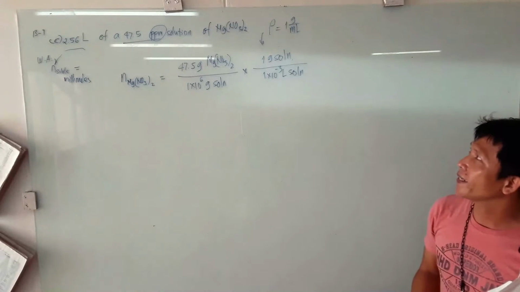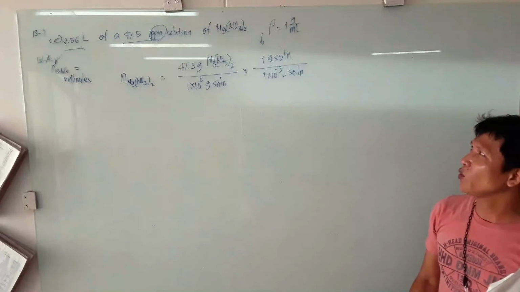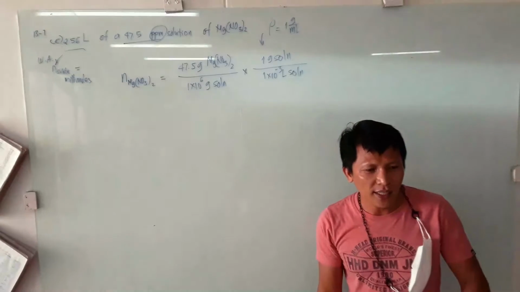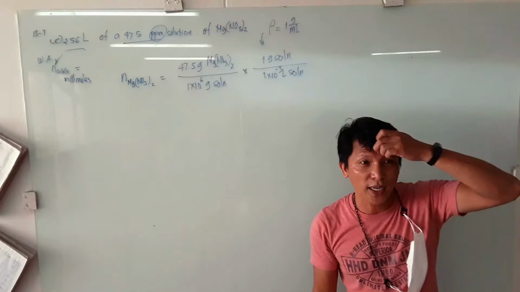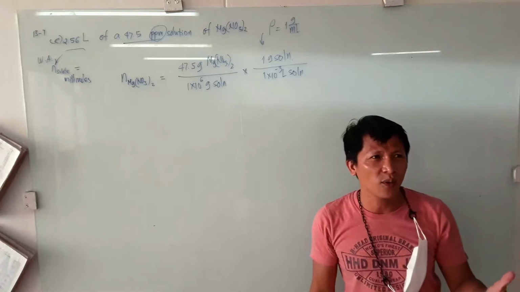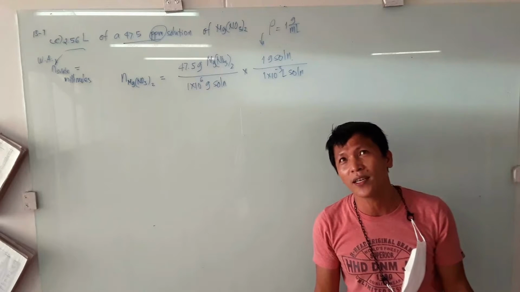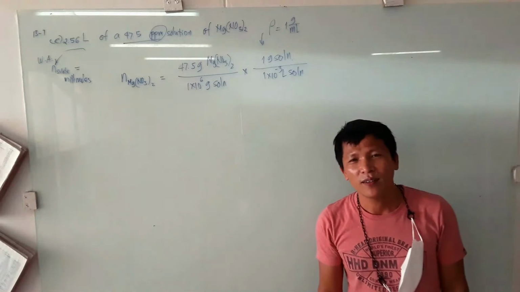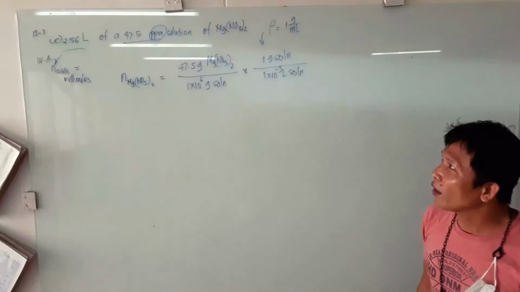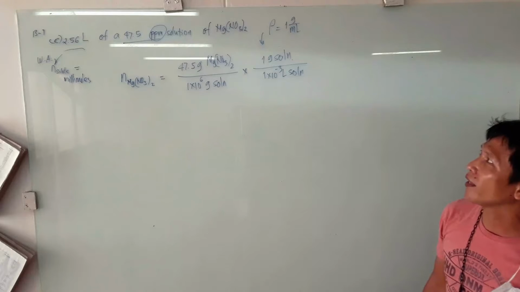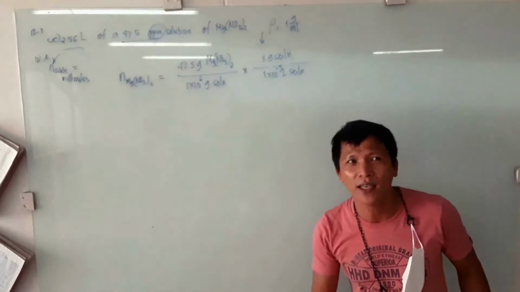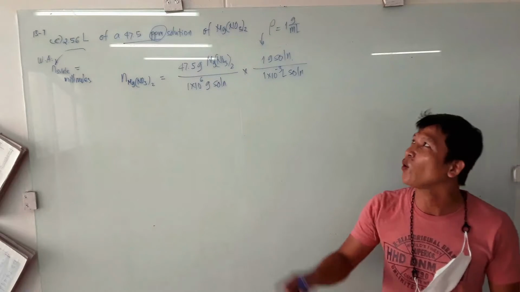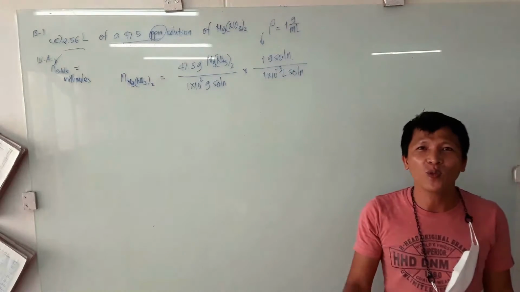So actually, sir, where did you get that density? Density is already part of your chapter 1, wherein when you don't know the density, basically, you have to find tables. But you have to be suspicious enough that if you're trying to look for the density, maybe you're just looking for the density of water, and the density of your water will always be, by default, 1 gram per mL.